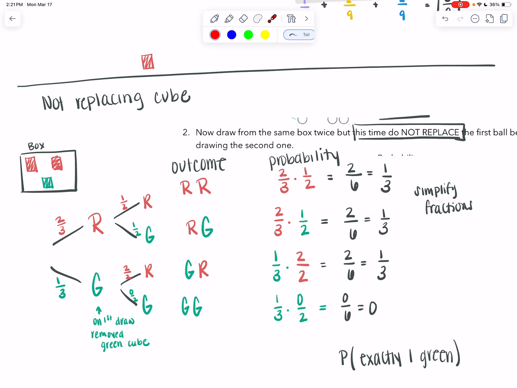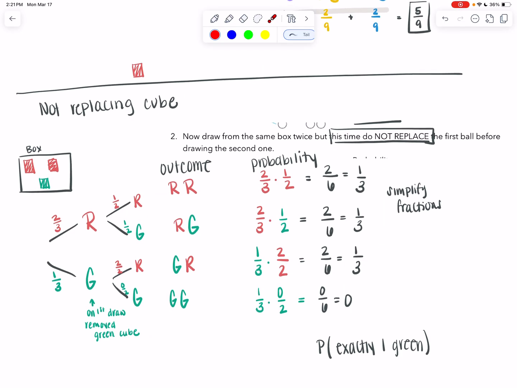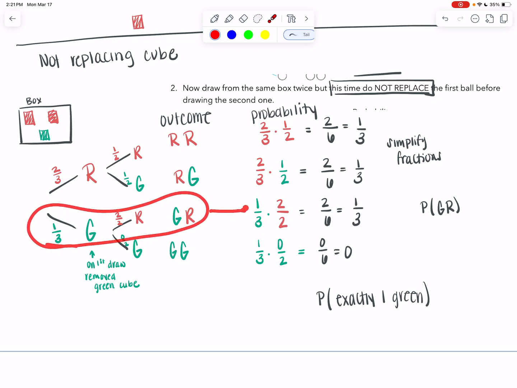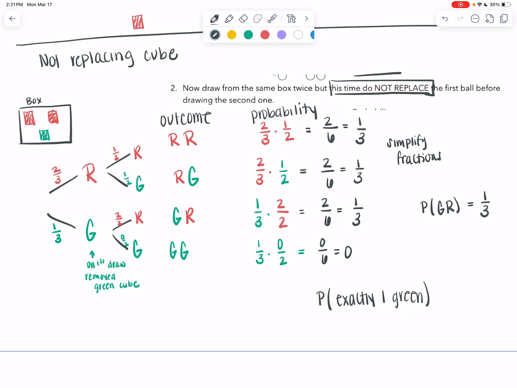Now, what I may do is then I may ask specific questions. So it may be something as straightforward as find the probability of a green then a red. So if it says that, probability of green then red, I'm going right here to that line. And then the probability of green then red would be 1/3. But it may be something a little more complex, like probability of exactly one green. Exactly one, so not 2, not 0.